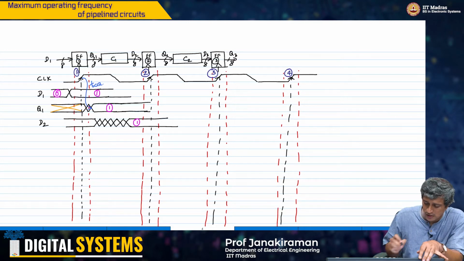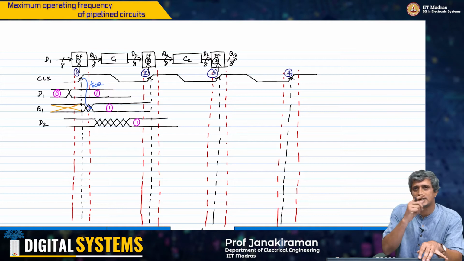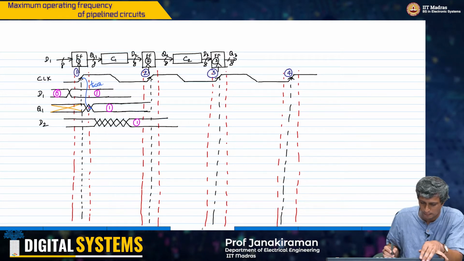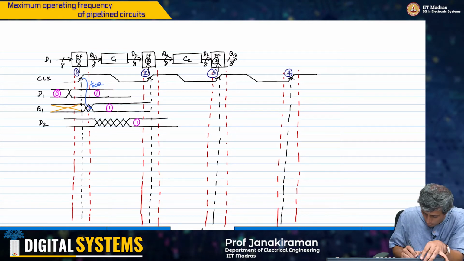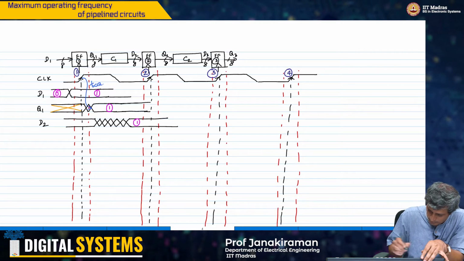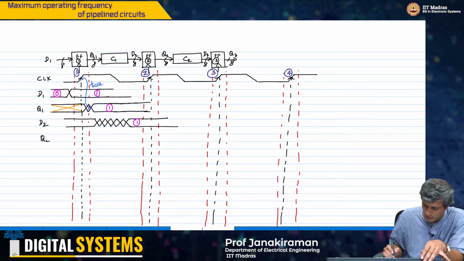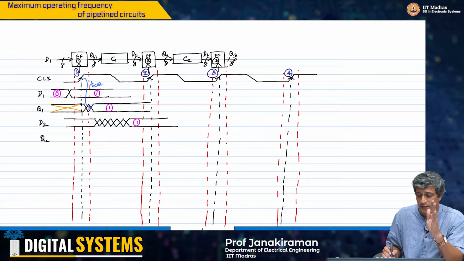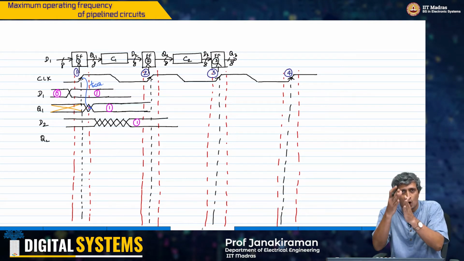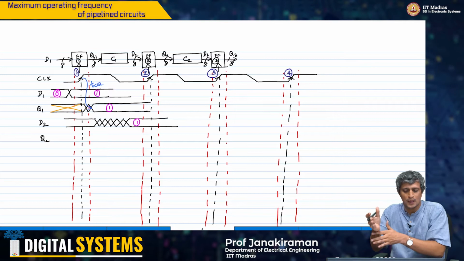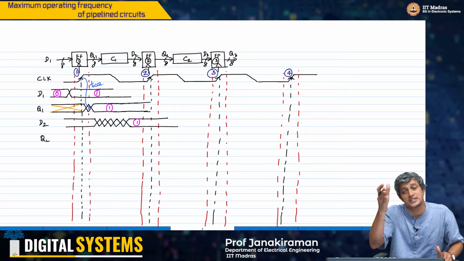Now what happens? The next clock edge is arriving after a certain time, and therefore if you look at my Q2, obviously D2 must settle, all the changes must have settled before the setup window of the second clock edge.